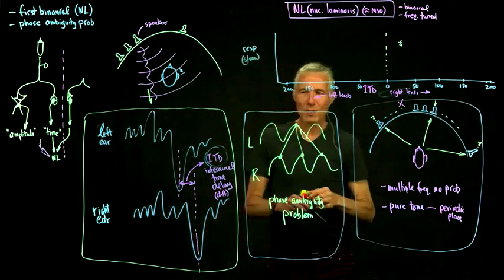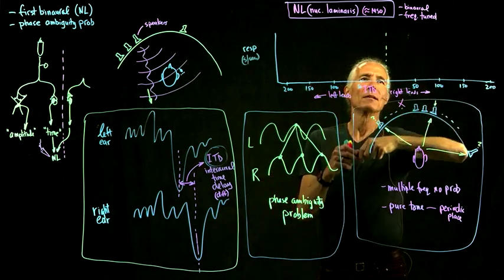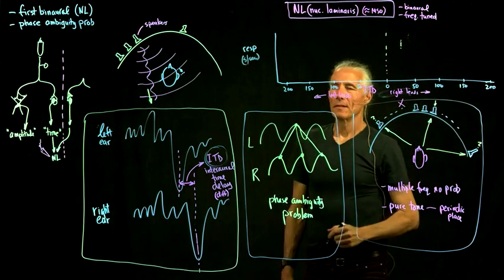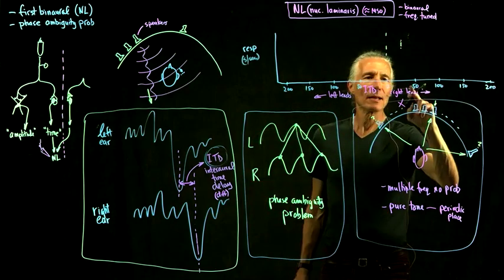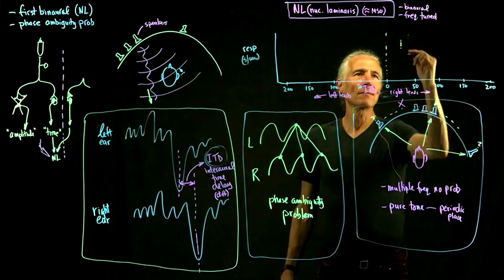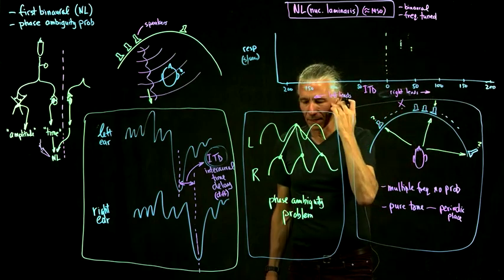So you do it multiple times. You get some responses for a particular interaural time difference, and then if you turn up the time delay, make the right ear even earlier relative to the left, you'll get another response.